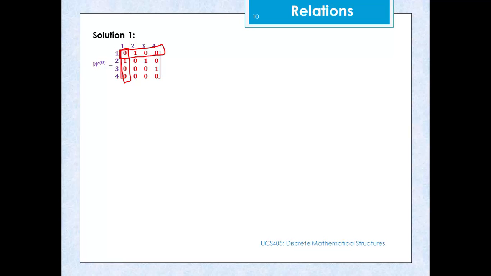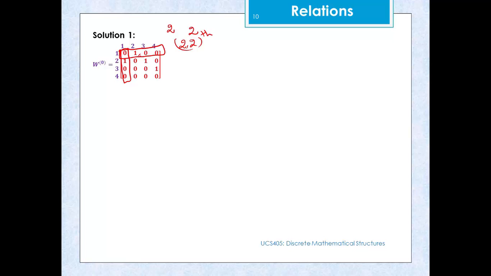For column 1, 1 is situated at location 2. Similarly for row 1, 1 is at location 2. So that means we have to put 1 at the 2 comma 2 position in W1, and all the entries that are originally 1 in W0 will also be there in W1.